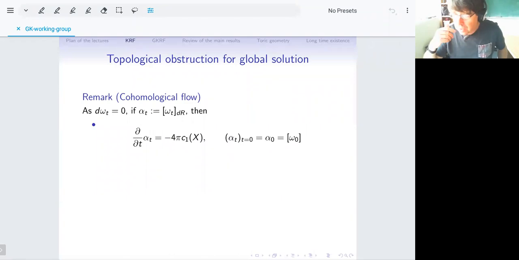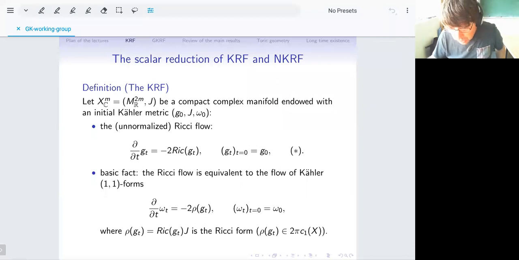So the first remark, I think Jeff already made this, is that because the flow remains Kähler all the time when it exists, it will also induce a cohomological flow, a flow of a finite dimensional object. So we consider the de Rham classes of the Kähler forms, which evolve according to this Ricci flow. And what is important is that the right-hand side here is always just 2π c1(X).